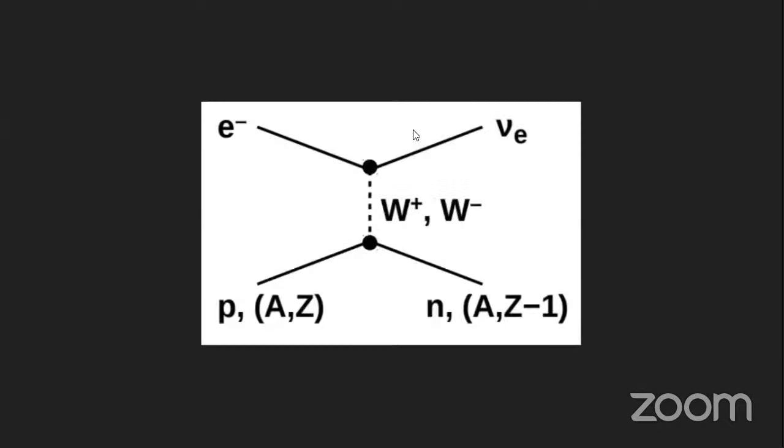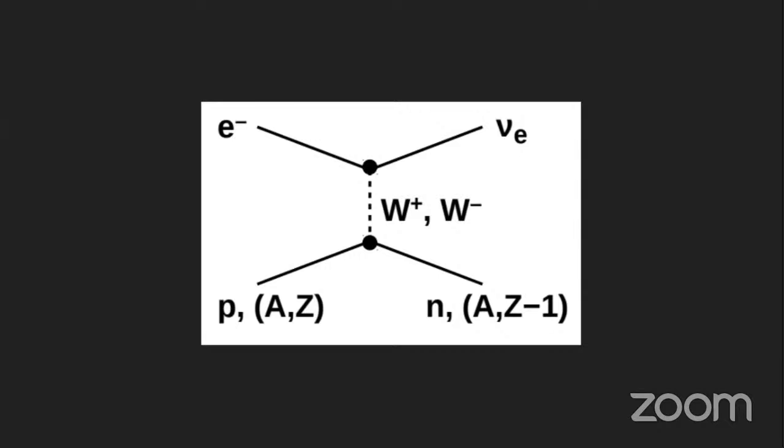Okay. So I'll be talking about the neutrinos produced by type 2 supernovae. The supernovae are considered to be the strongest and most frequent source of cosmic neutrinos in the mega electron volt energy range.